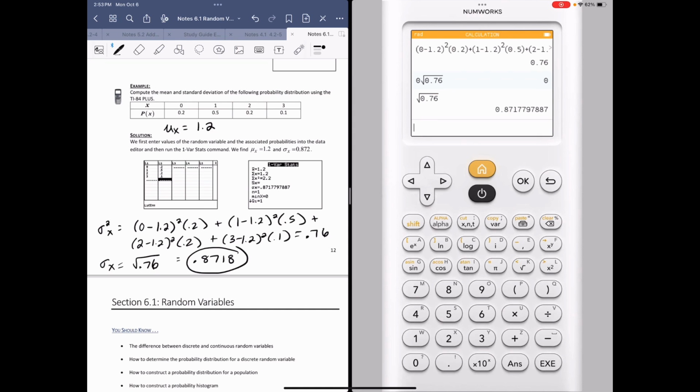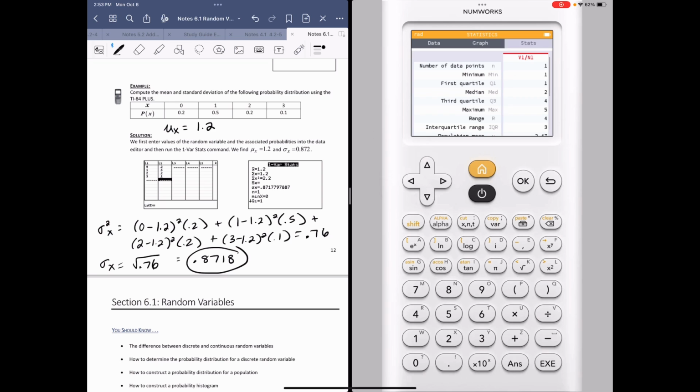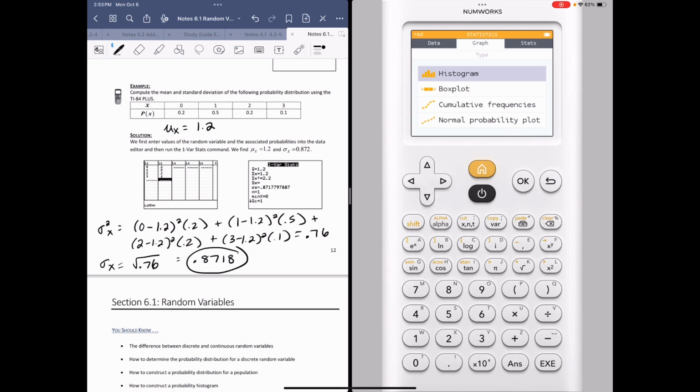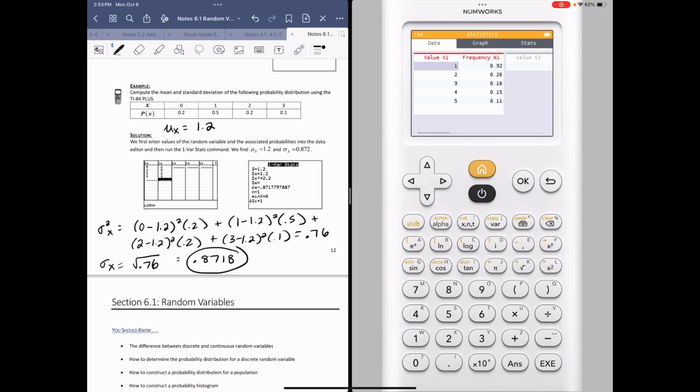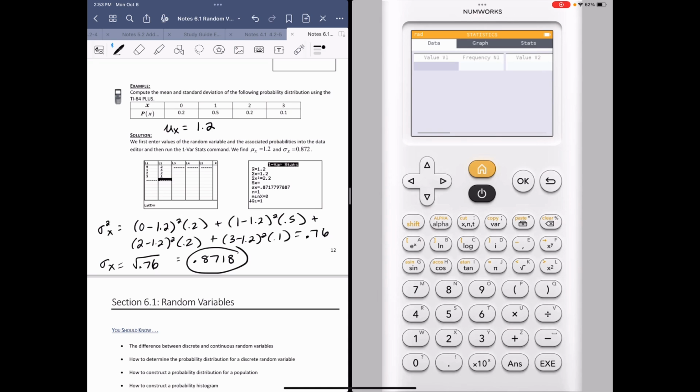Now, I think that's a difficult thing to type. What I want you to do is go to your calculator, and go to statistics. And if you have data in your list, I want you to clear them. We've talked about how to clear the lists. So clear your lists. Notice it takes out everything you have in there. In the first column, I want you to put the X values, 0, 1, 2, and 3. Now we haven't worried about those frequencies.